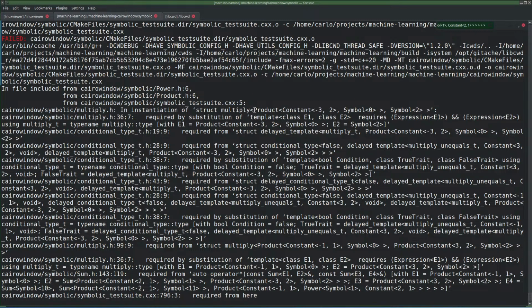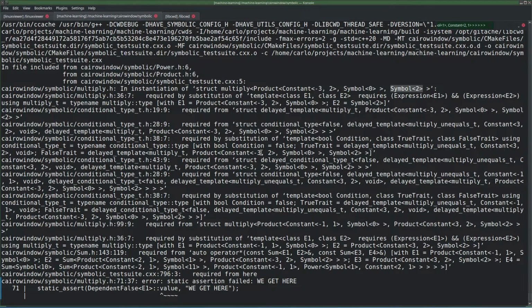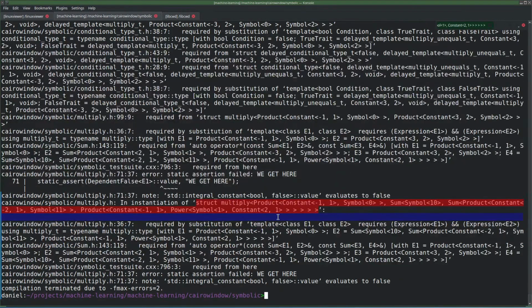That must be this one. That must be that one. So let's say we don't assert if it is symbol 2. Second argument symbol 2. Because I don't think that is the case here. Here it was sum or something. Or, yeah, just sum.